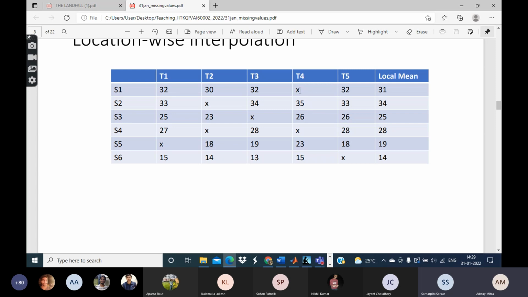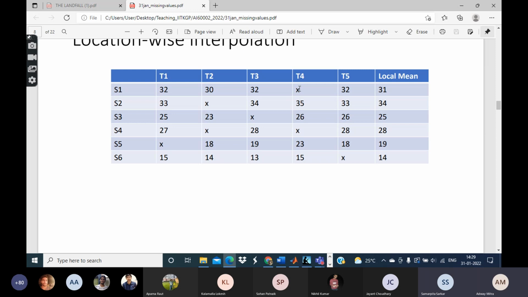Here I do not have the value at T4 for S1, but I do have the value of S2, and I know that the value of S1 is usually close to that of S2. So 35 is what we can say is a base case estimate.